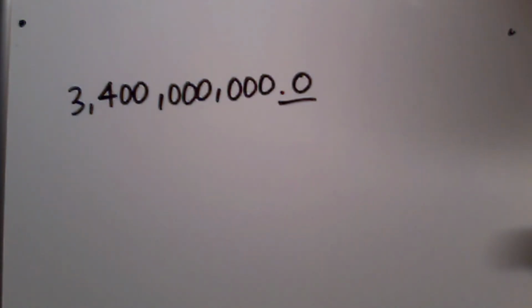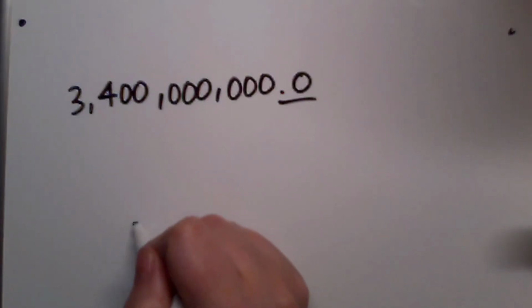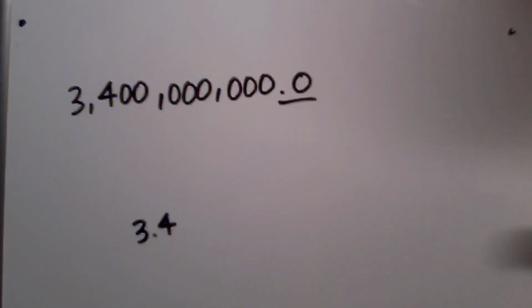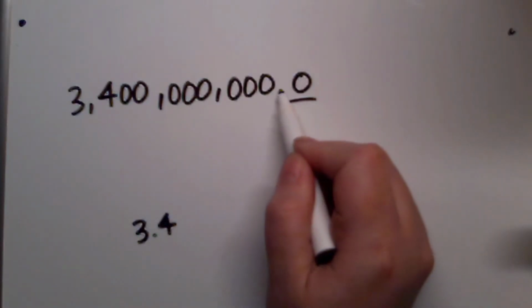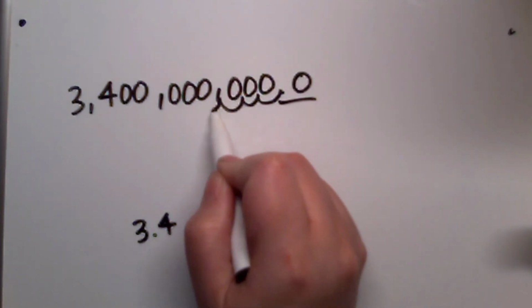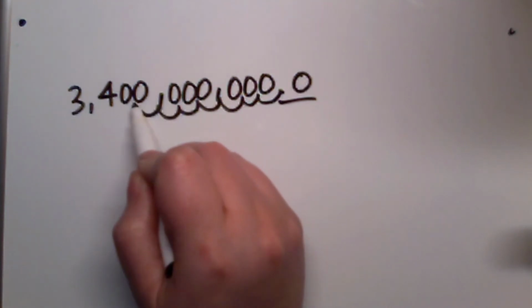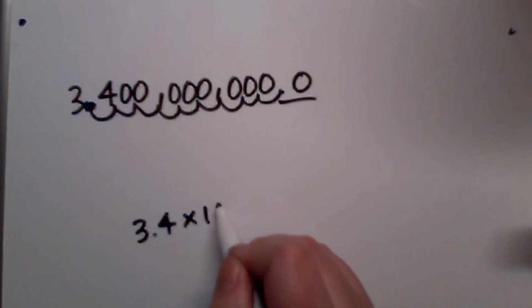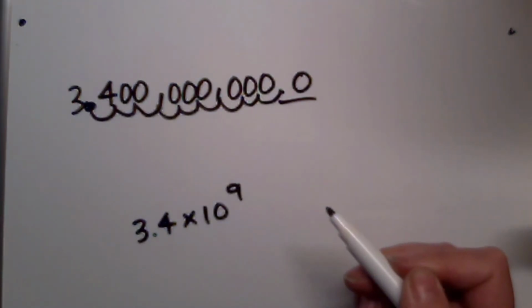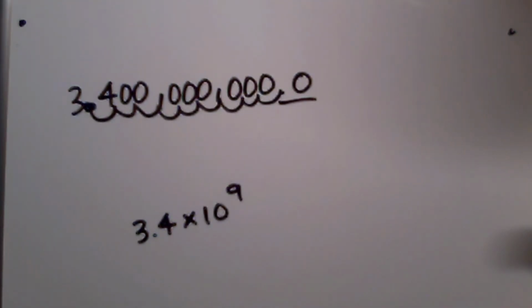But what we are going to do is take our leading numbers. We need to make a number that is somewhere between 1 and 10, but it can't be equal to 10. And then we're going to count the spaces for our decimal. 1, 2, 3, 4, 5, 6, 7, 8, 9. So now we know that we are multiplying by 10 to the 9th. And that is how we would expand that out.